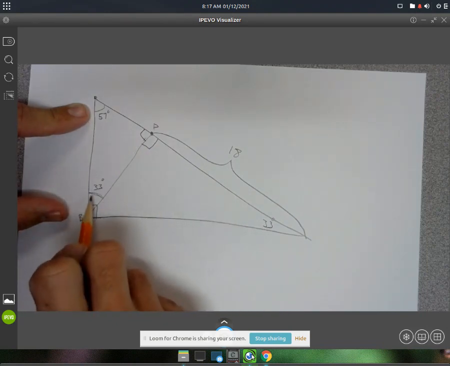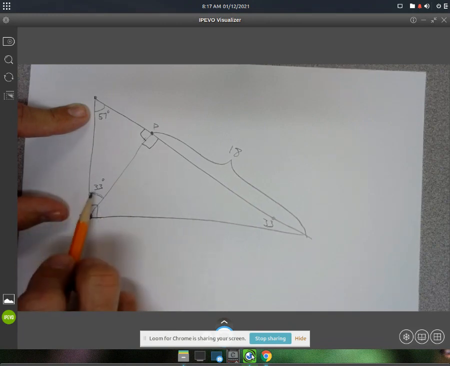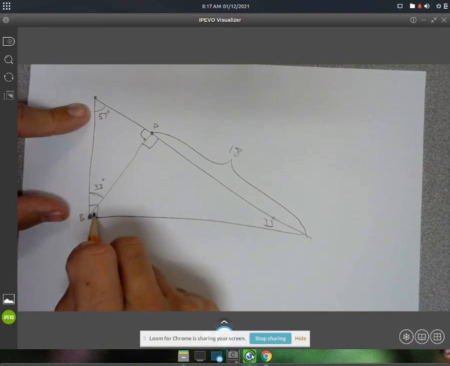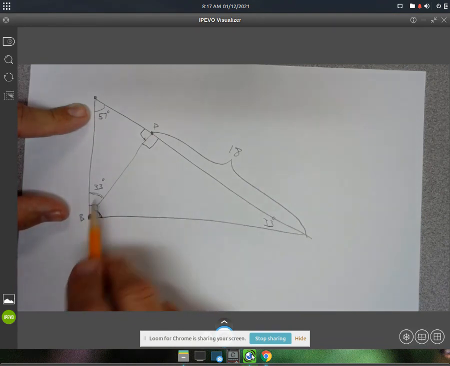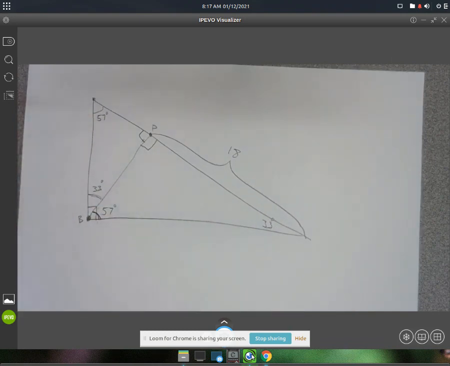And because this whole thing is 90 and this is 33, the last angle in the medium-sized triangle is going to be 57. So that's why you have three similar triangles here, because all the angles are the same in each of them.